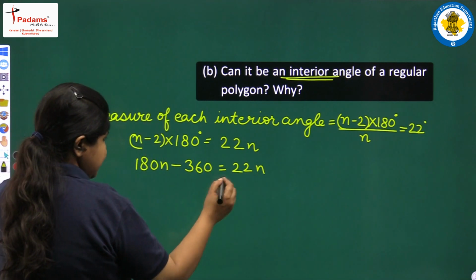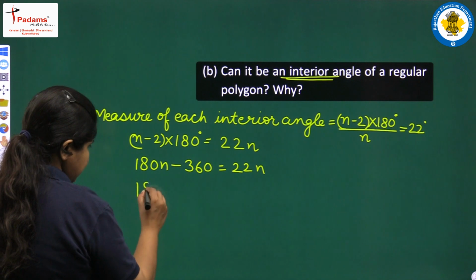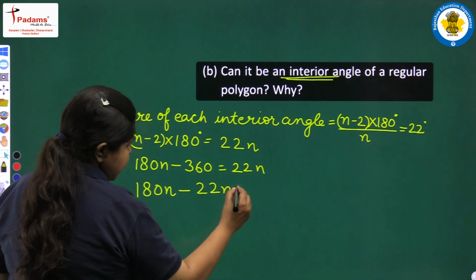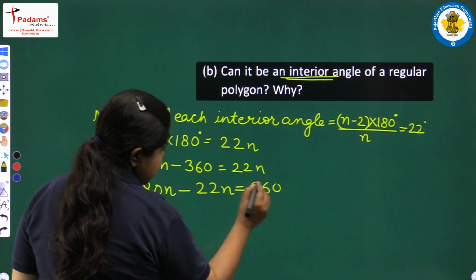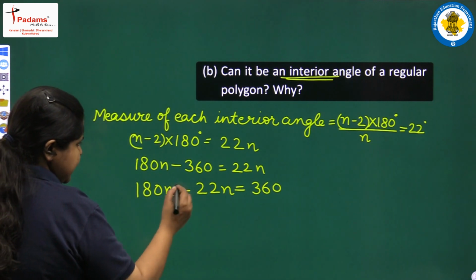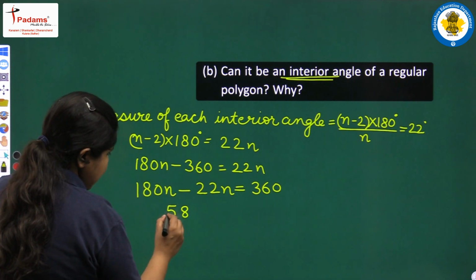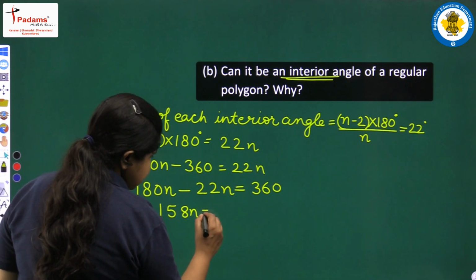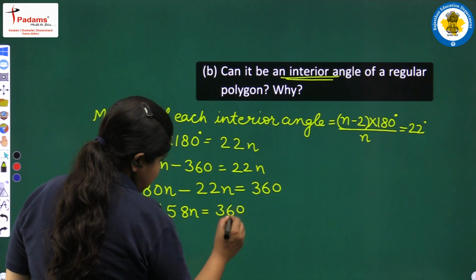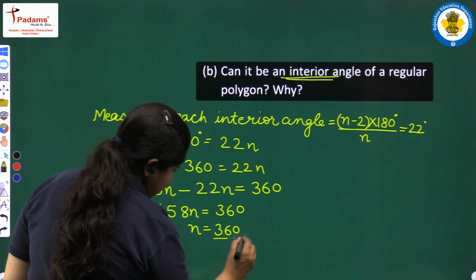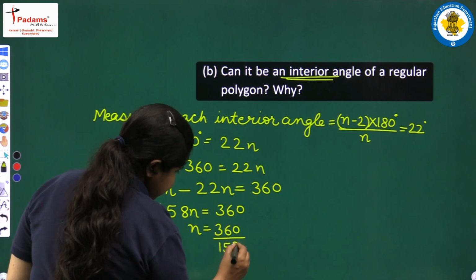Again interchange these two terms, because we will take the terms with n on one side and the constant on the RHS. Subtract, 180 minus 22 is 158, and 158n is equal to 360. This will give us n equal to 360 upon 158.